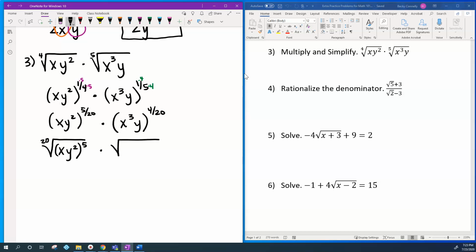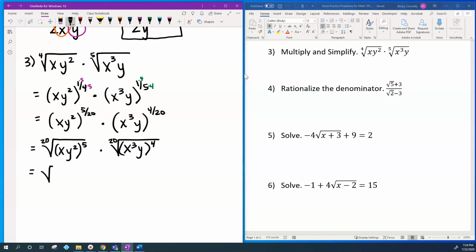And then the other one would be, again, the 20th root, and that's what we were trying to do, make those roots the same so we could multiply these together. So that'd be x to the 3rd y, all raised to the 4th power, right? And then you could distribute the 5 through and the 4 through, right? So there's a lot of different ways that you can get there, and I don't want you to think that just because you may have done it a little bit differently that it's wrong, because there's a lot of great ways to do this, okay?